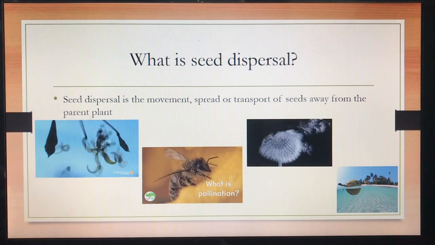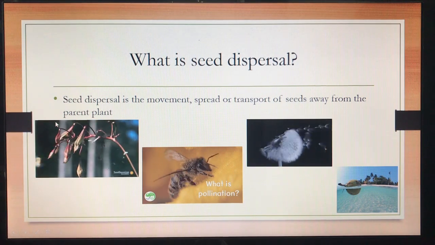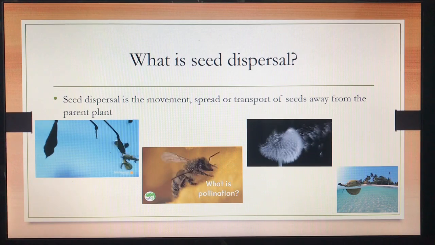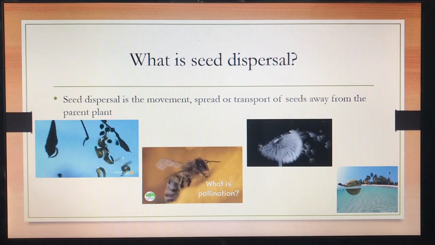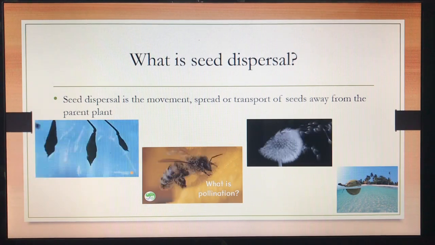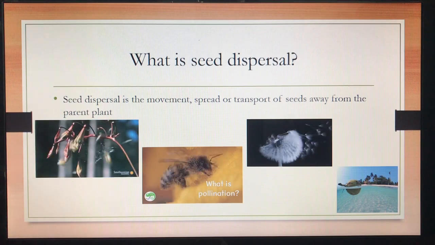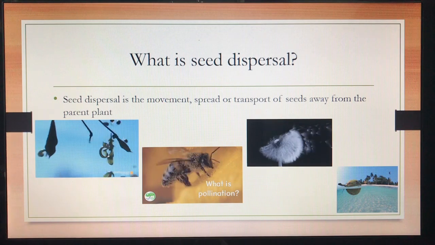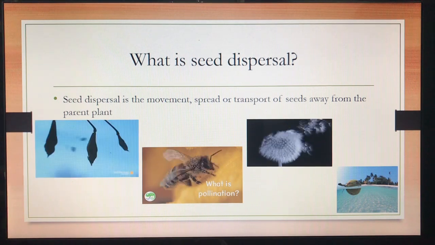So, whatever fruit that we eat, there is seed. How does seed disperse in order to continue growing and continue living? There are a few ways that seed will be dispersed.